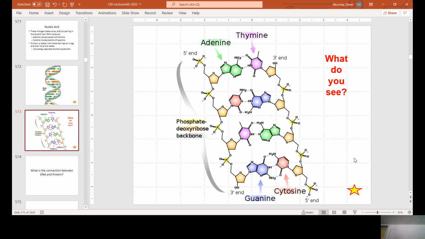We said all those rungs had to be the same distance. So what do you notice about all those rungs coming between those two sugars? You've got a sugar on this side and a sugar on that side. What makes them all the same length? You see that?